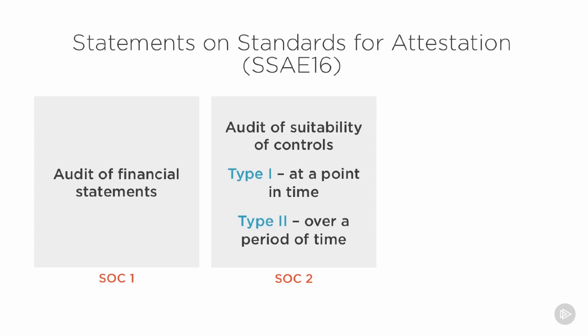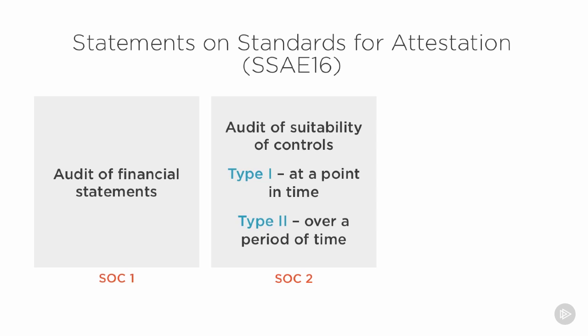Now, the measurement of these controls can be done in either one of two ways. A Type 1 report is when the audit was done at a point in time. And so then the SSAE 16 SOC 2 report will say, at this point in time, when their controls were audited, they were adequate or they were compliant with those controls.